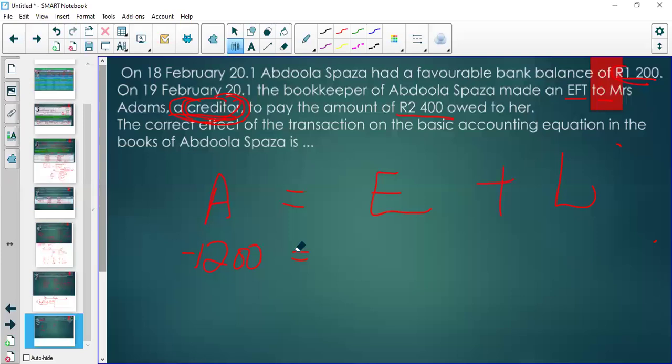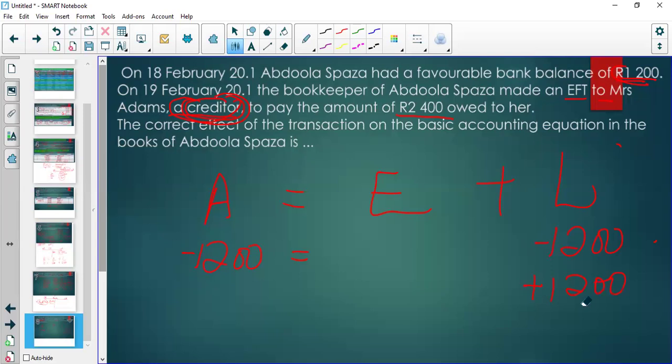And we previously had a liability of 1,200, which was actually reduced to 0. So this liability was paid off. But now we have an extra 1,200 here as well.